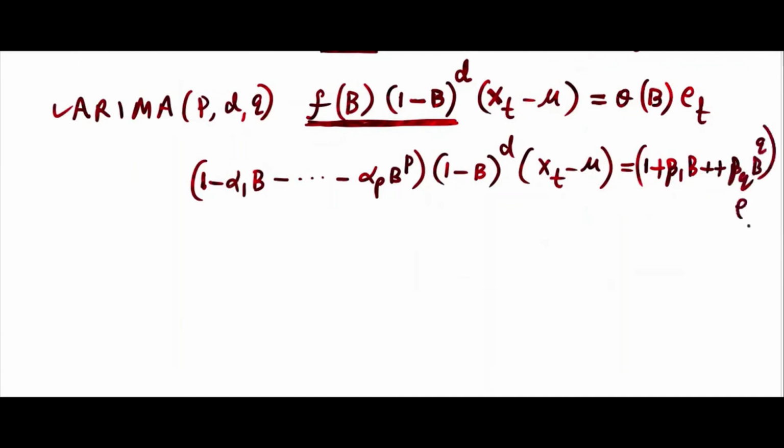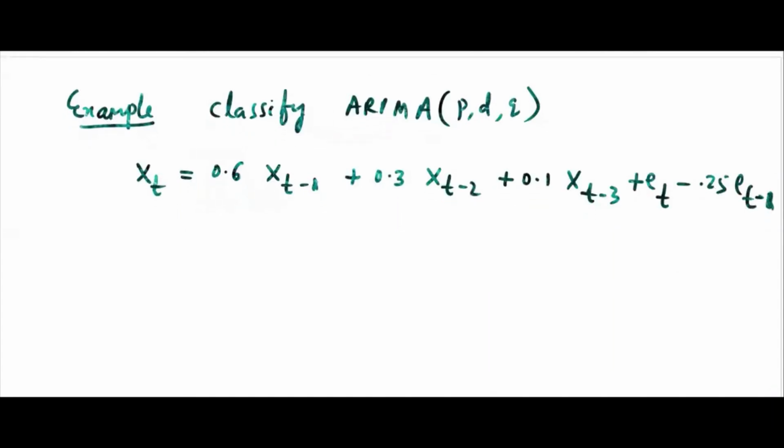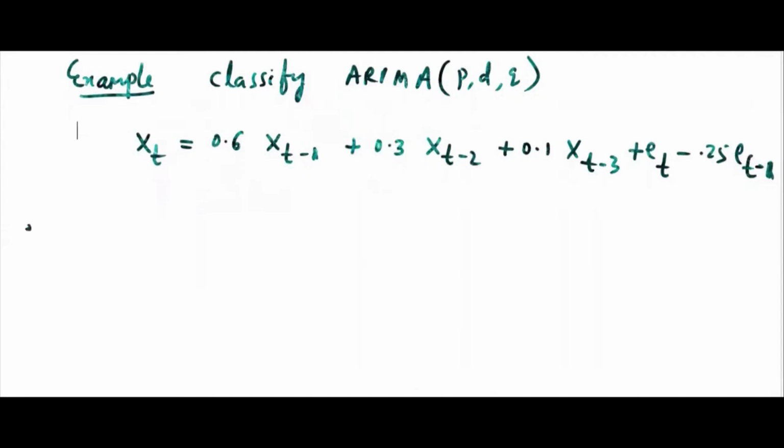If you remember, et, this one. This is the complete ARIMA PDQ. Okay, this is the question. Now we have two methods. We'll find the solution using two methods. So let me do it by method 1.